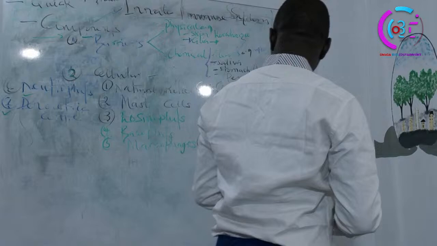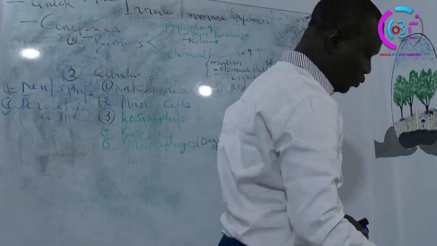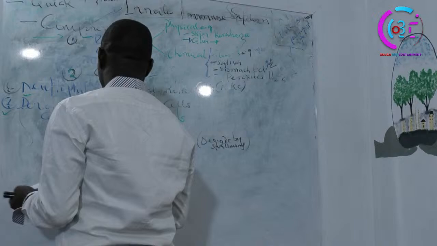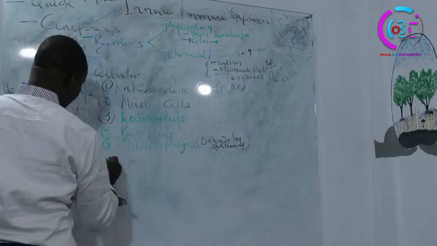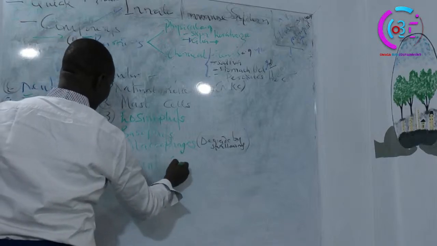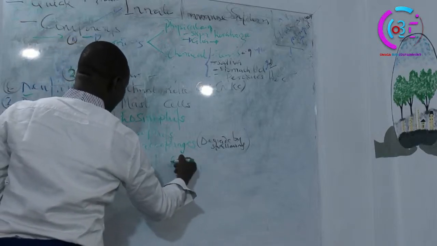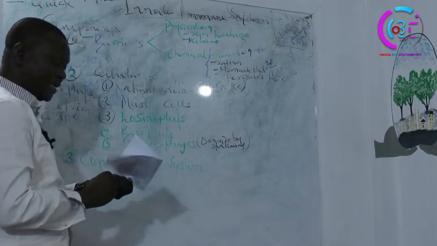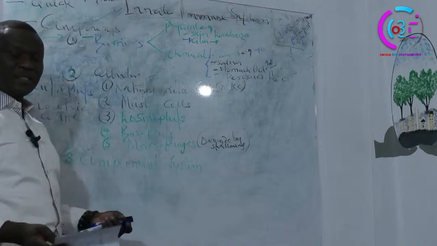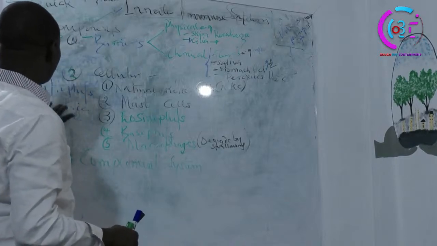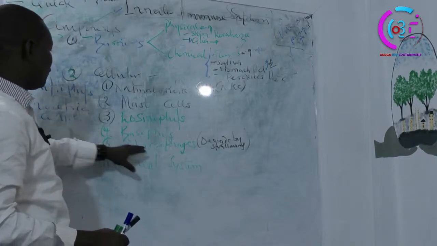Immediately after that, we will now consider the third, which contains the complement system. Just like the name suggests, complement, this one will work to complement the efforts of macrophages.